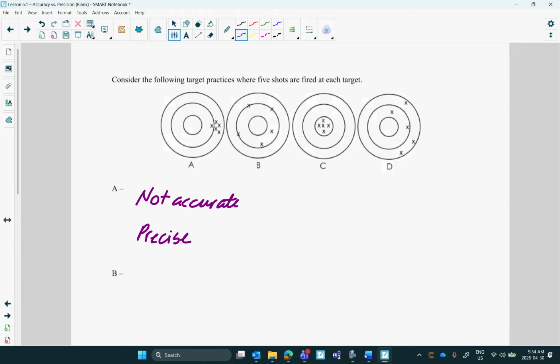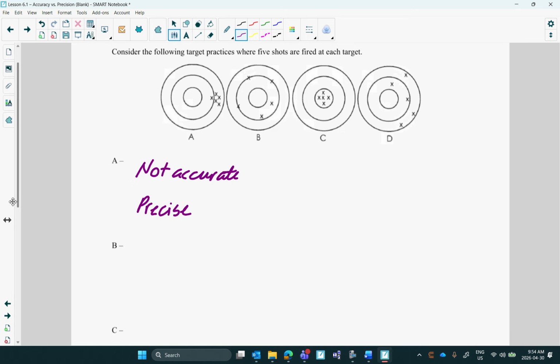How about B? Wouldn't it be technically not accurate but precise because the fact that they're all around one section? It's not accurate because they're in the same section, but they're trying to shoot in the middle. Right.